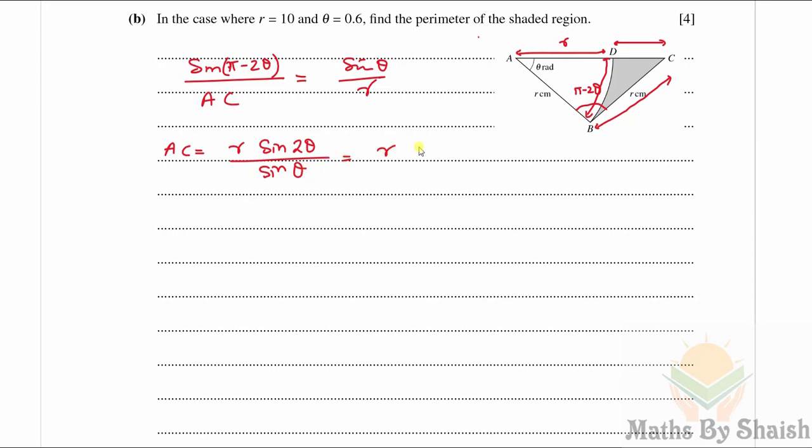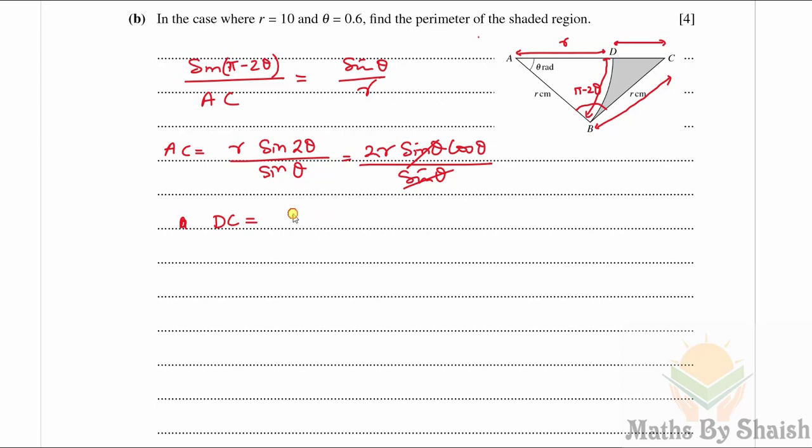We'll simplify and then we'll put the values of r and theta. It is going to be r times 2 sine theta cos theta over sine theta. These two got cancelled. So DC, which is the part we require, DC is going to be AC minus AD, that is 2r cos theta minus r.